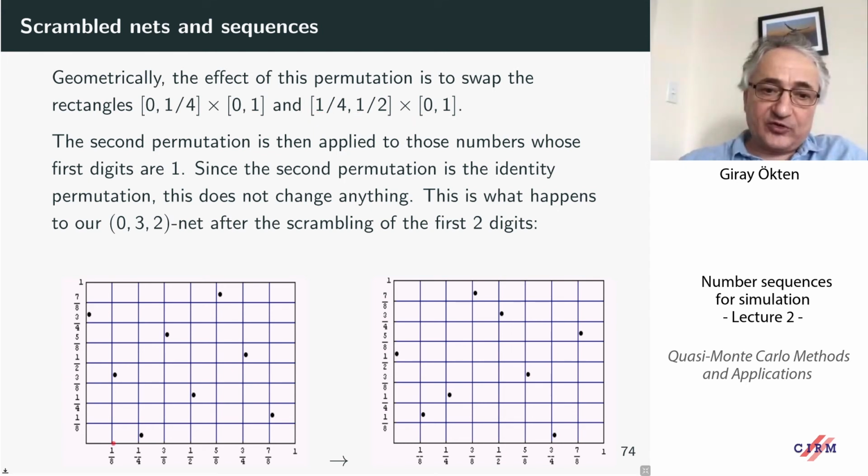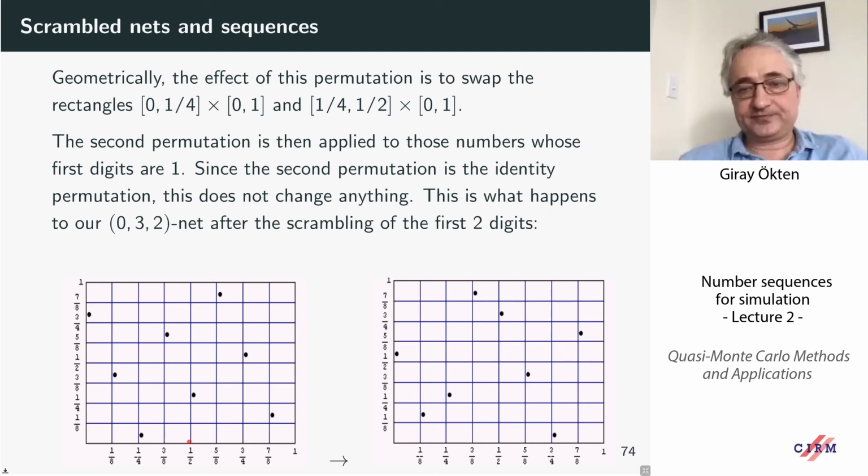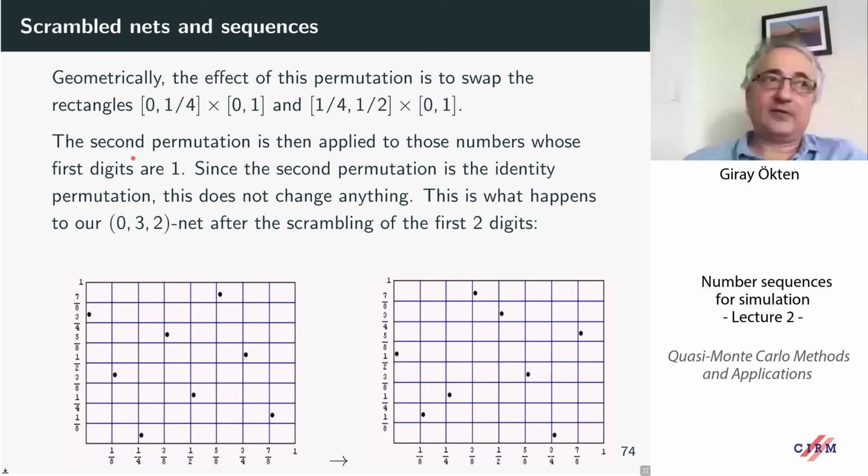So what we are doing now is look at the first half, and then you look at the two halves of the first quarter and the second quarter, and then you swap those two. Then you do the second permutation, as I mentioned a minute ago, and then you continue like this until you finish all the digits and all the dimensions.